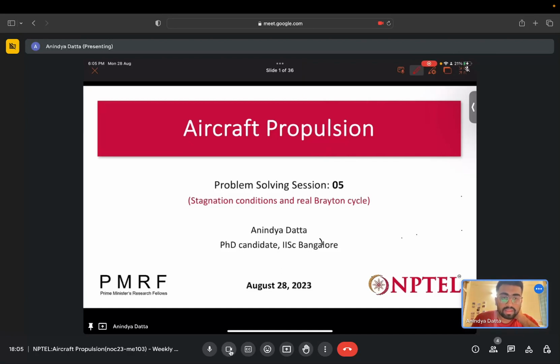So in the last few weeks we have looked into the problems related to the Brayton cycle, like the ideal Brayton cycle, and then we introduced several non-idealities like non-isentropic expansion and non-isentropic compression, and looked into how we can compute the state points and different quantities of interest from thermodynamic analysis, like work output, heat input, thermal efficiency, work ratio, back work ratio, and similar stuff.